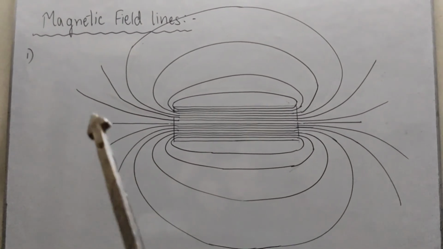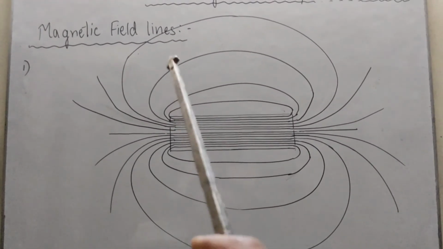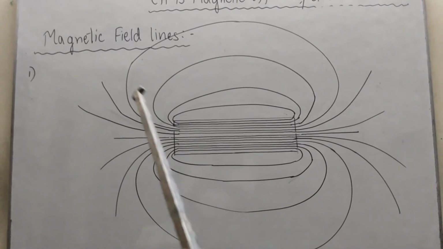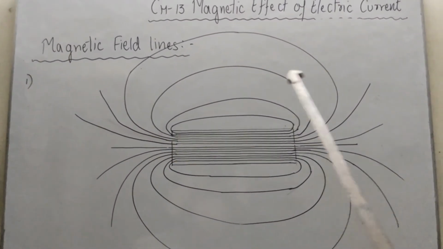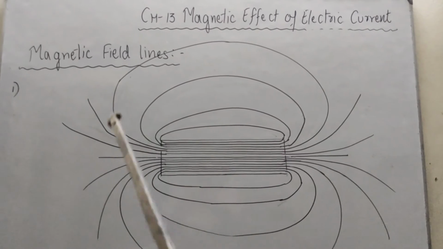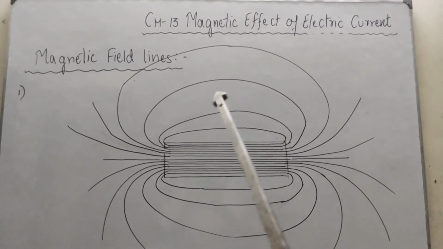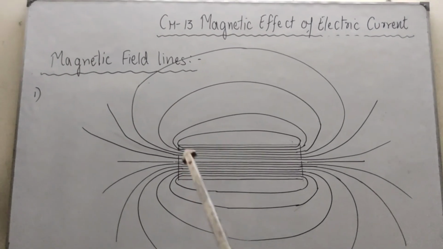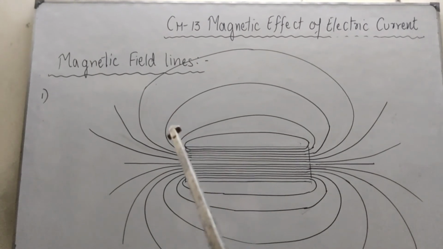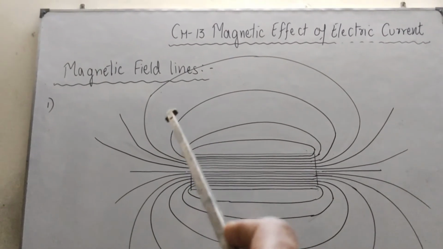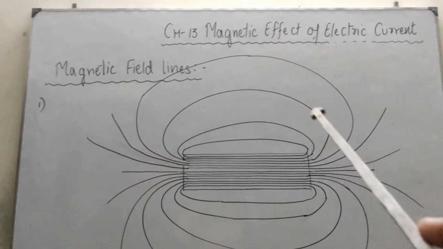Now, in the previous activity, we have seen that near the ends of these magnets, iron filings concentration is more. They get accumulated more near the ends of the bar magnet. So it means strength of magnetic field is more near the ends, near the North Pole and the South Pole.